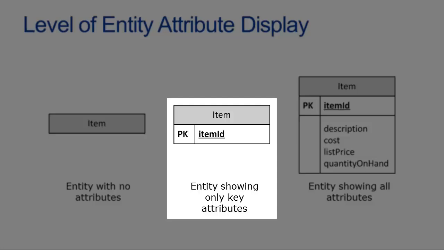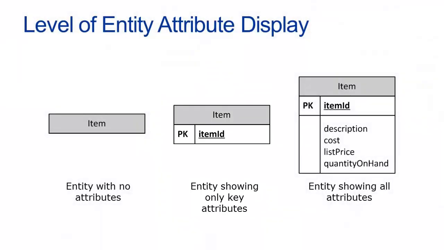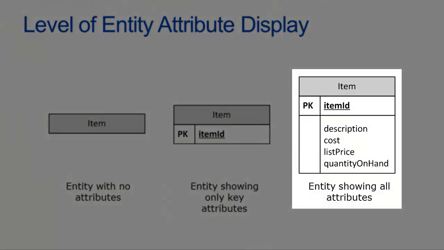And that may be all of the information we need during a preliminary stage of data modeling. Finally, we have a way of representing an entity in its entirety, which includes not only the name of the entity and its key attributes, but also all of the other non-key attributes that together comprise the entity as well.